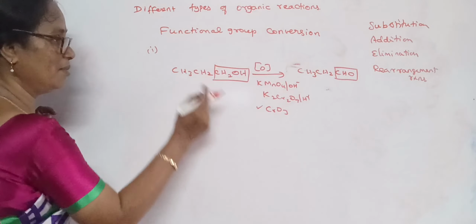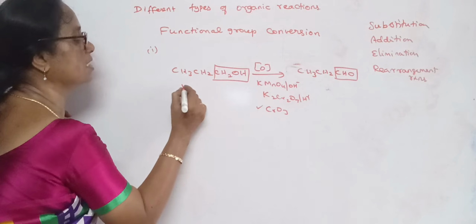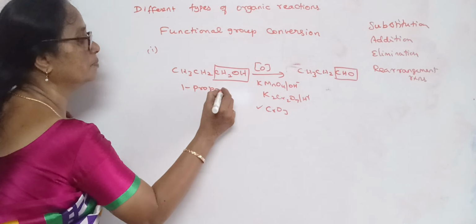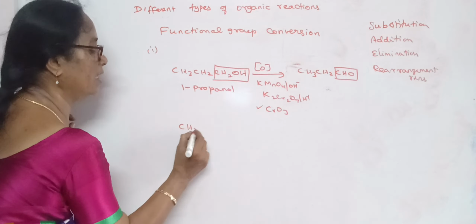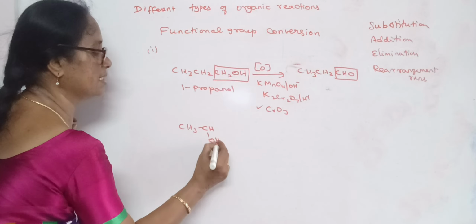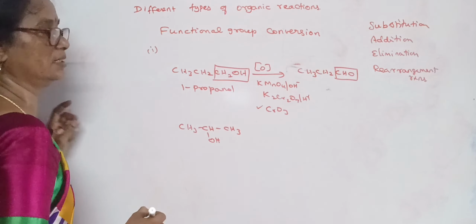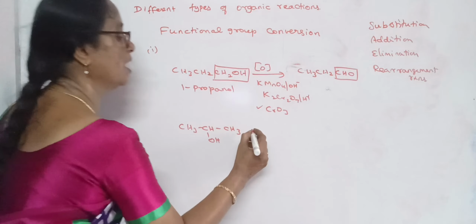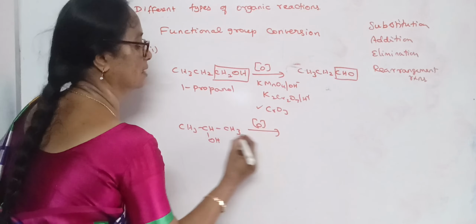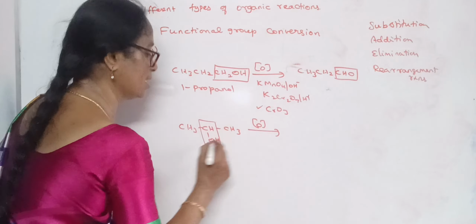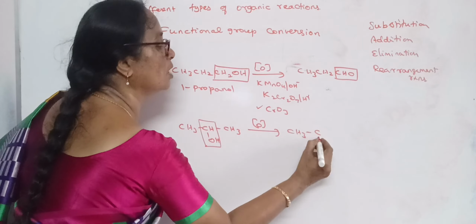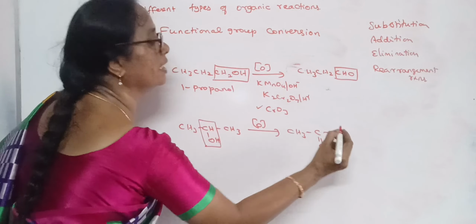At the same time, if I take 2-propanol, this is 1-propanol, and 2-propanol is CH3CHOHCH3, these 2 are isomers. When it is oxidized, the CHOH is converted into C double bond O, CH3COCH3.